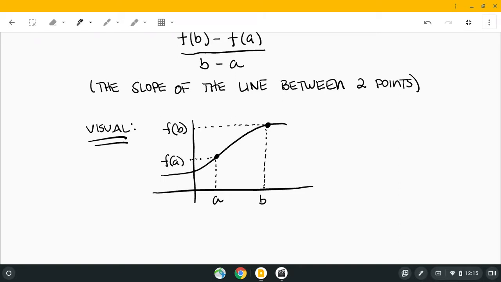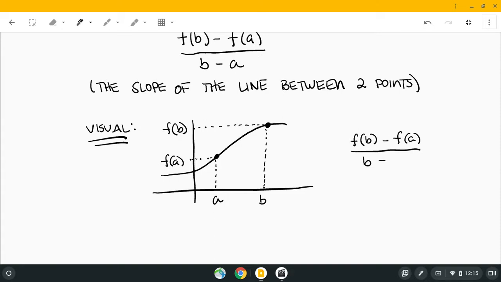What happens is, in this formula, we're looking at the difference between the y values, which is just f of B minus f of A, y2 minus y1, right, over the difference of the x values.